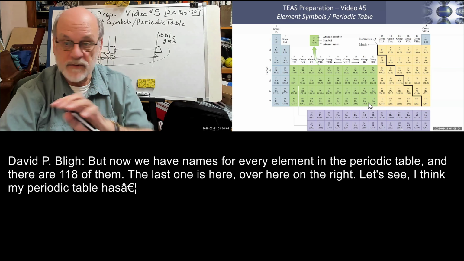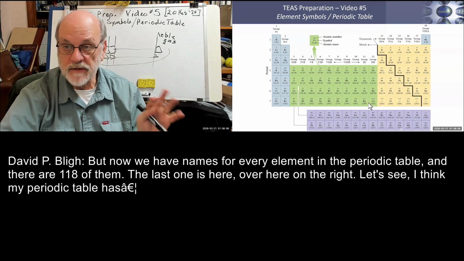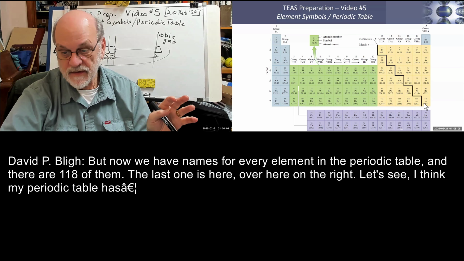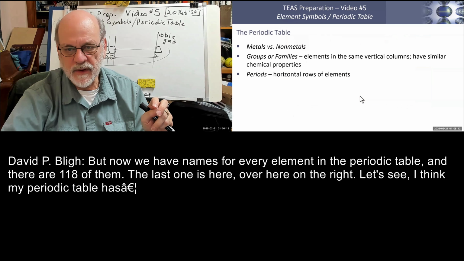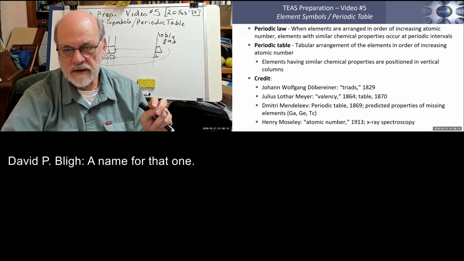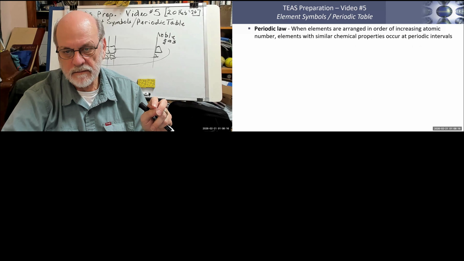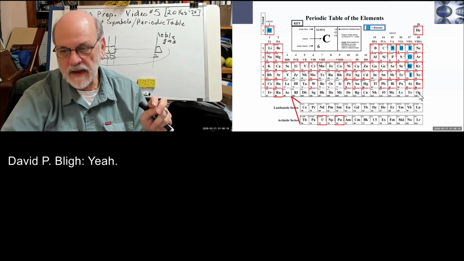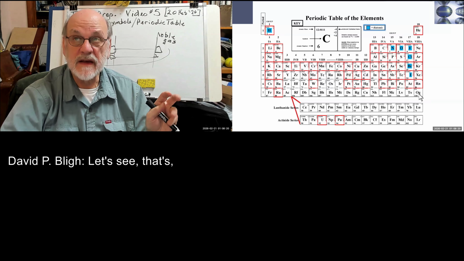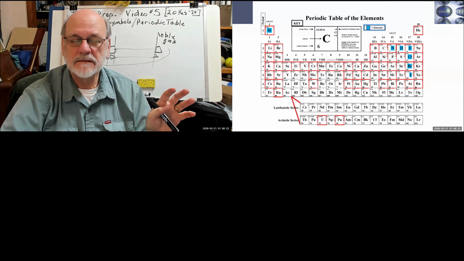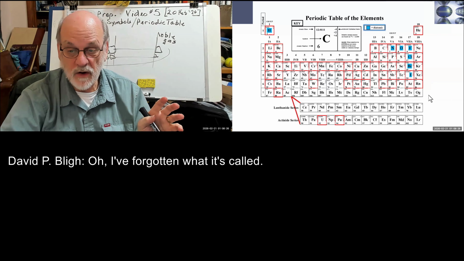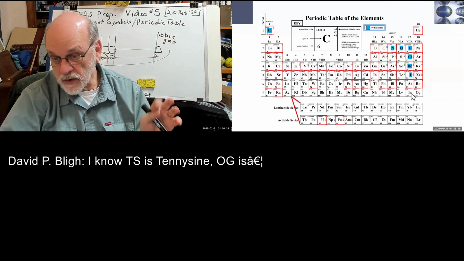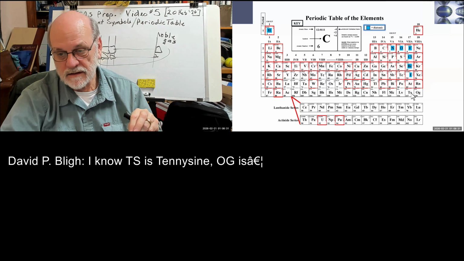But now we have names for every element in the periodic table, and there are 118 of them. The last one is over here on the right. Let's see, I think my periodic table has a name for that one. I've forgotten what it's called. I know TS is tennessine.